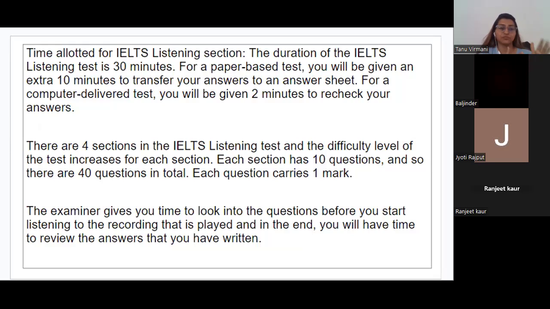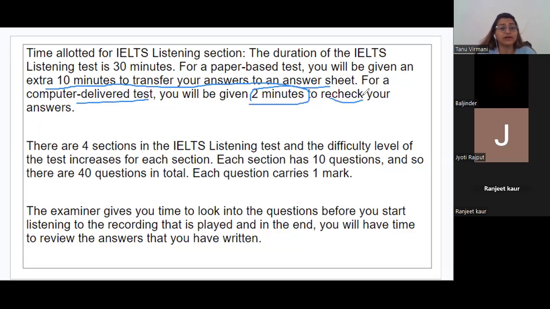You have a question paper for listening and then you have an answer sheet. You can write your answers on the answer sheet in that 10 minutes. But if you're going for a computer-delivered test, then you will be provided with only 2 minutes to recheck your answers. You cannot write them all in those 2 minutes.